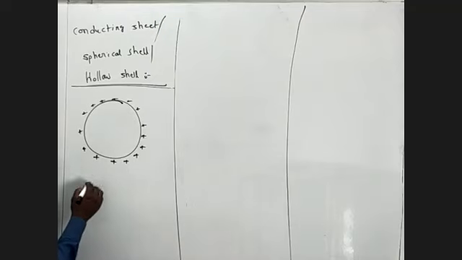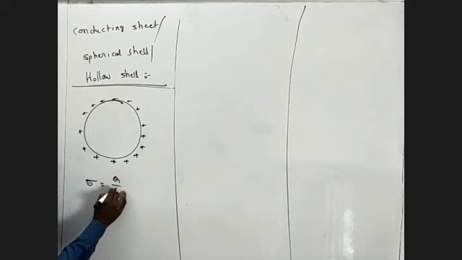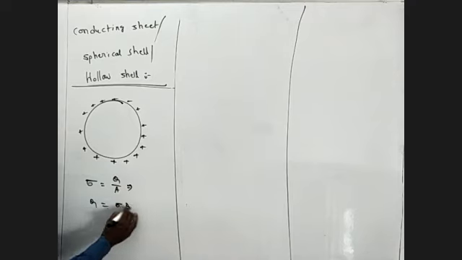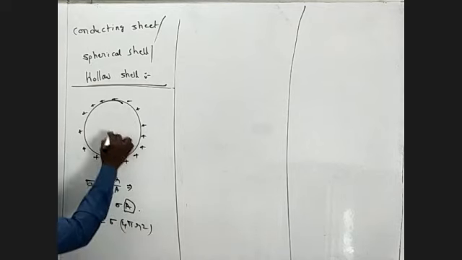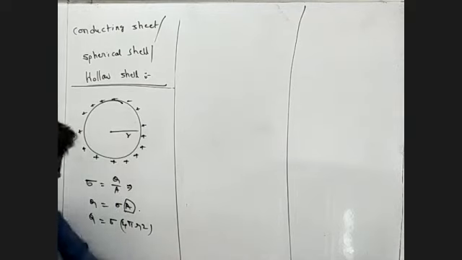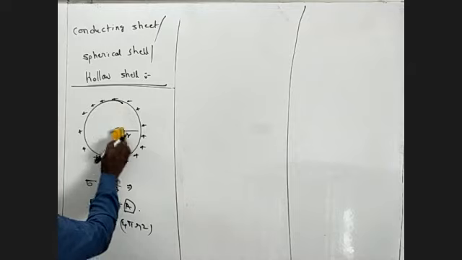Sigma is equal to charge by A. So Q is equal to sigma A. The area of the spherical cell is 4 pi r square, where r is the radius. So Q is equal to sigma times 4 pi r square.